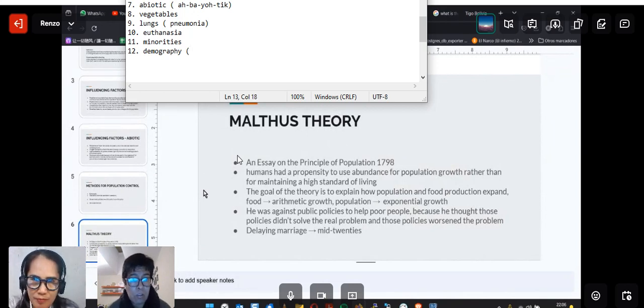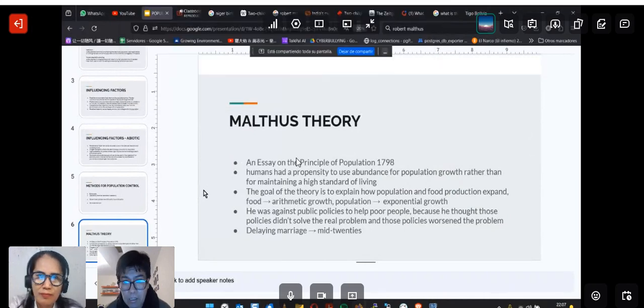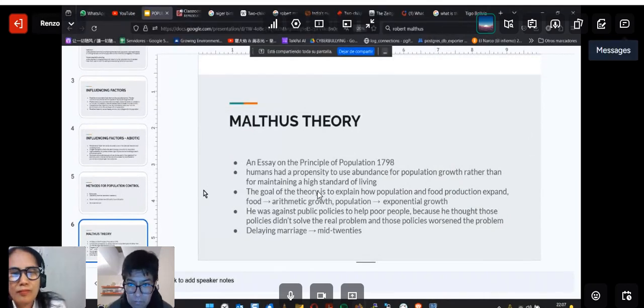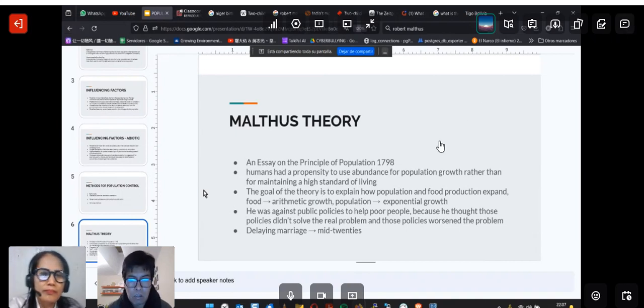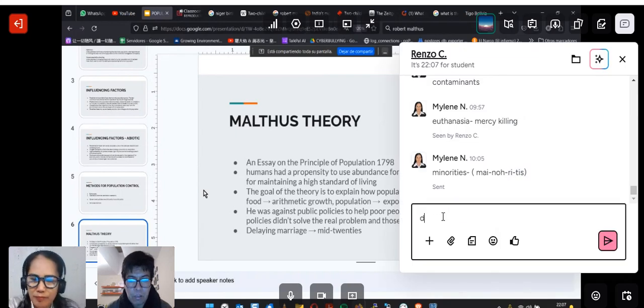And he wrote an essay in 1798, in the dawn of the Industrial Revolution.